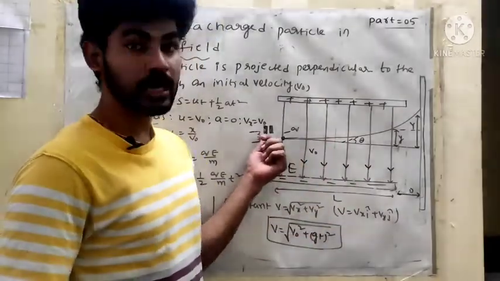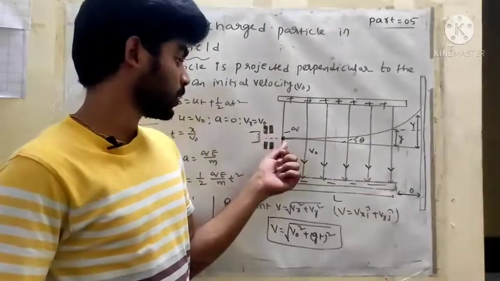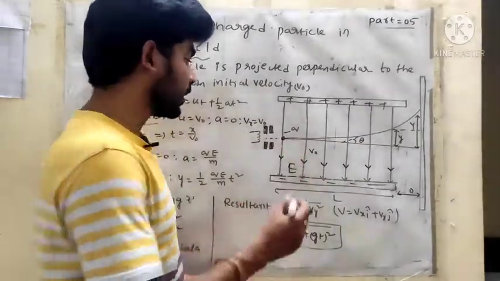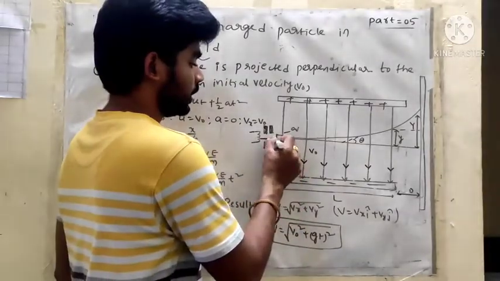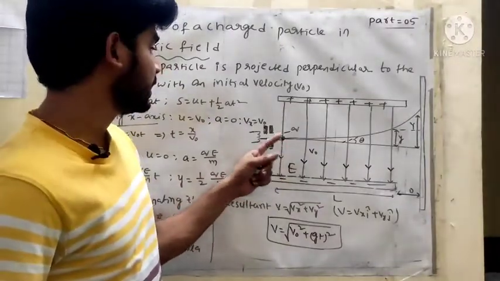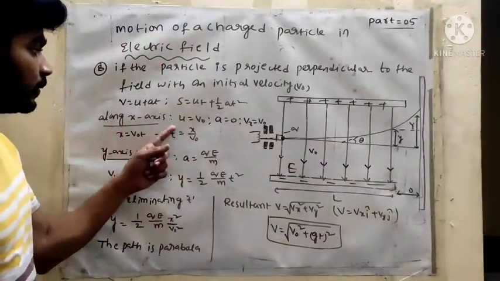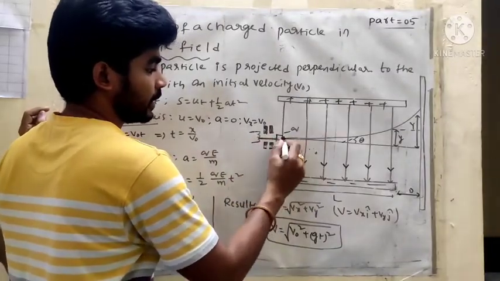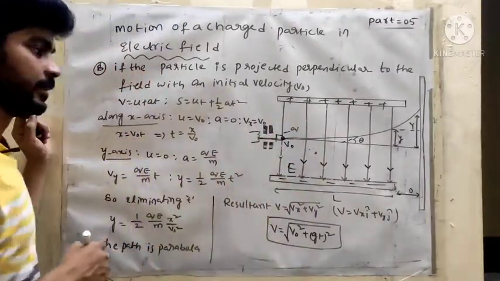So this is the source of the charged particle. One charged particle is entering the electric field perpendicularly, at 90 degrees. Initially, how much velocity is that charged particle entering with? V0 velocity is entering inside.